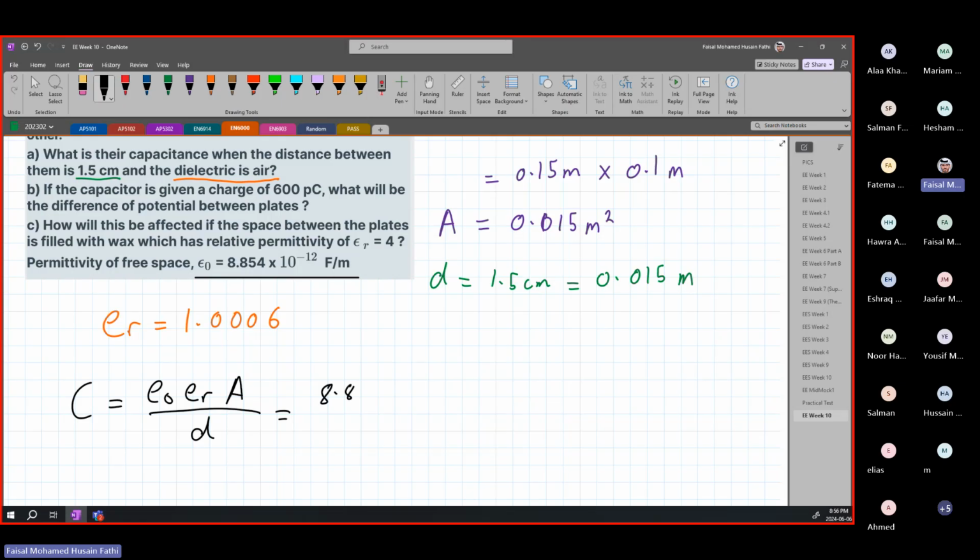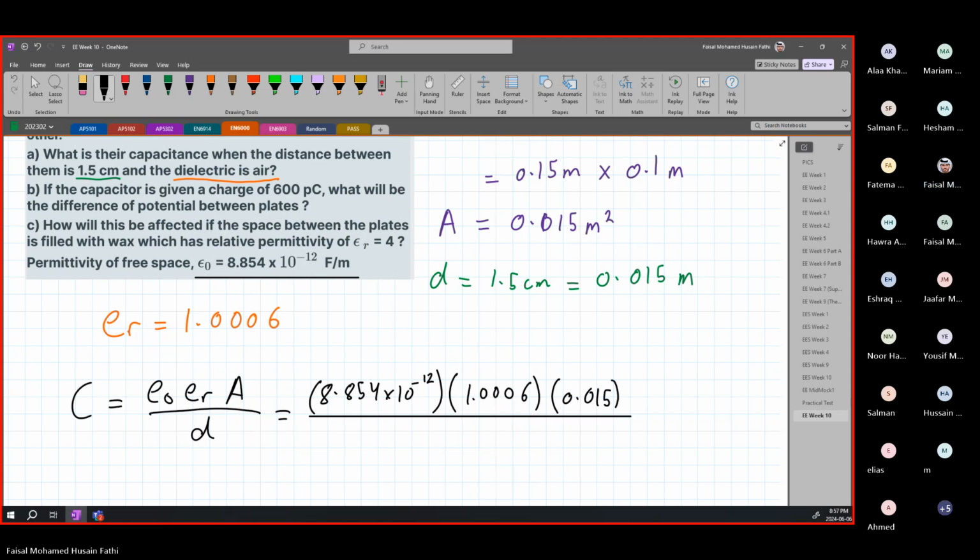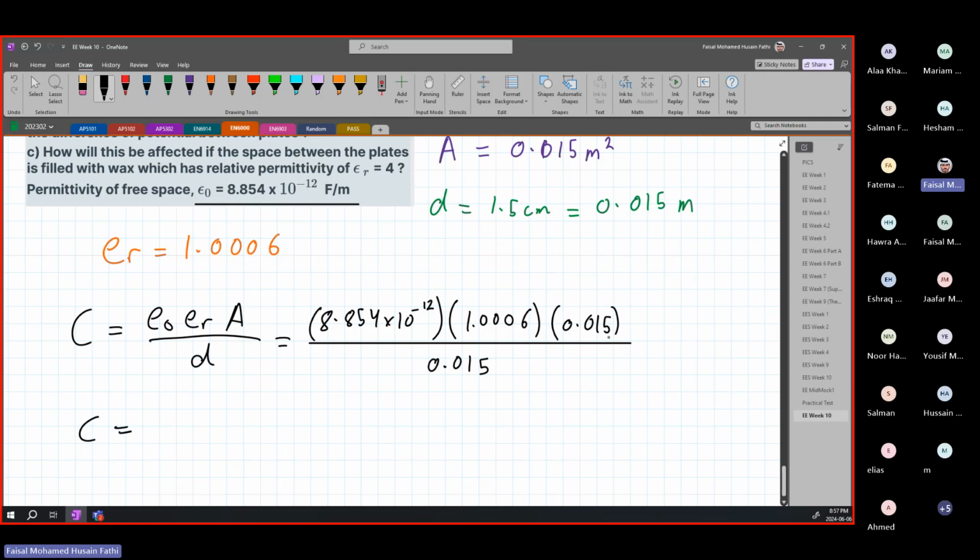E0 is 8.854 times 10 to the minus 12 times ER, which is 1.0006, times the area, which is 0.015, divided by your distance, which is 0.015. Plug this all into the calculator: 8.854 times 10 to the power minus 12 times 1.0006 times 0.015 divided by 0.015. I could have just cancelled those, but no problem.